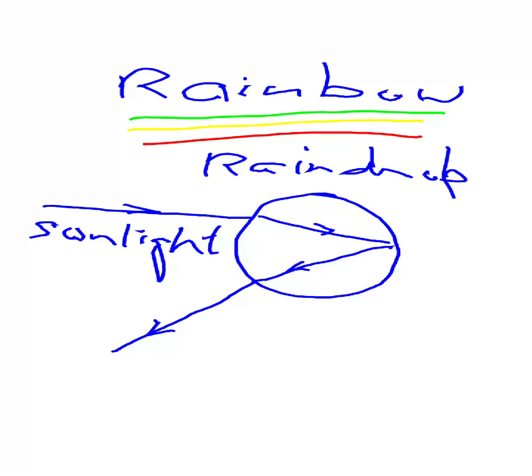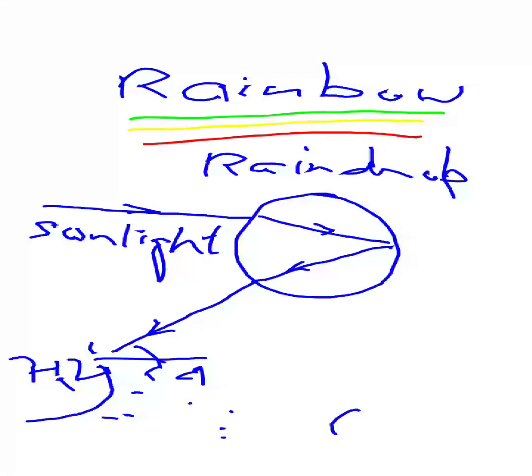It is passing and it is totally internally reflected. What is the condition? Opposite side of the sun. Suppose this is, let's say, Suryadev, Suryadev is there, and on this side the raindrops are there. Okay, then it happens.